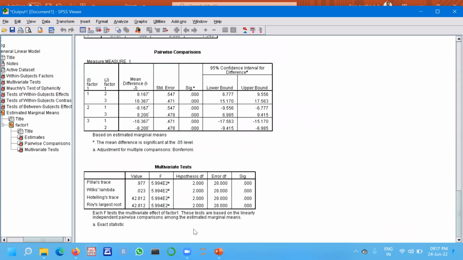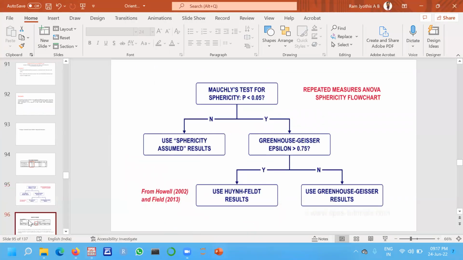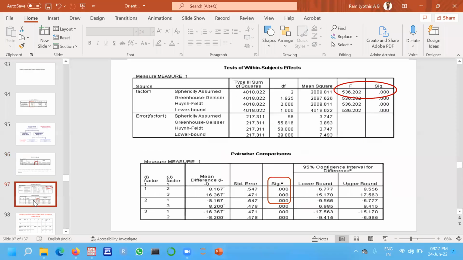So how to interpret this in your study? Now we assume sphericity is assumed, the F value is significant. Then we are comparing pre-treatment, post-treatment 1, post-treatment 2.